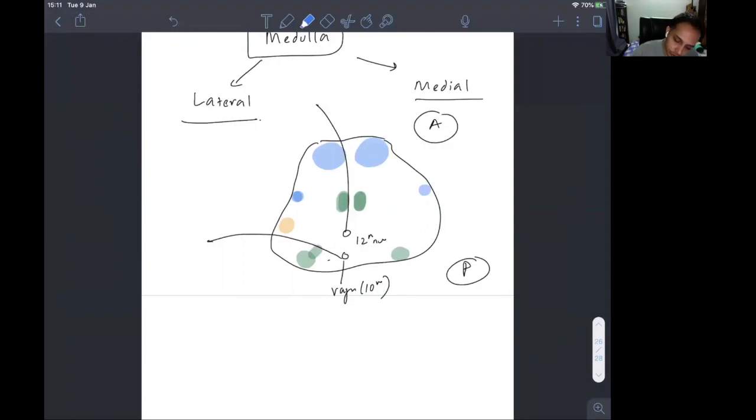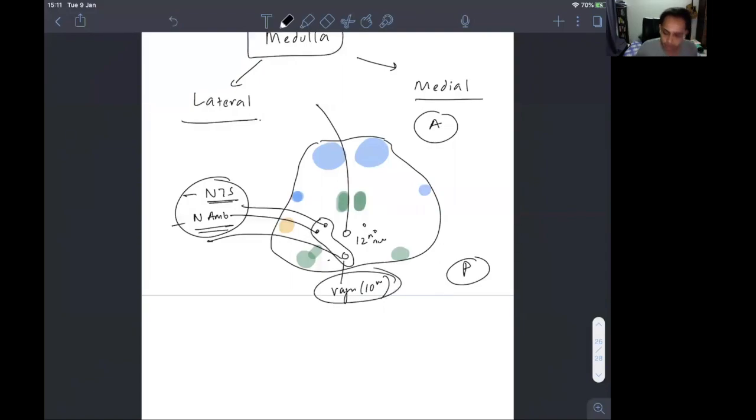You also have some nuclei known as nucleus tractus solitarius and nucleus ambiguus. These are responsible for your throat function, so your swallowing, etc. That is controlled by your nucleus tractus solitarius and nucleus ambiguus, and these are right next to your vagus nerve. So these three form a very close connection.